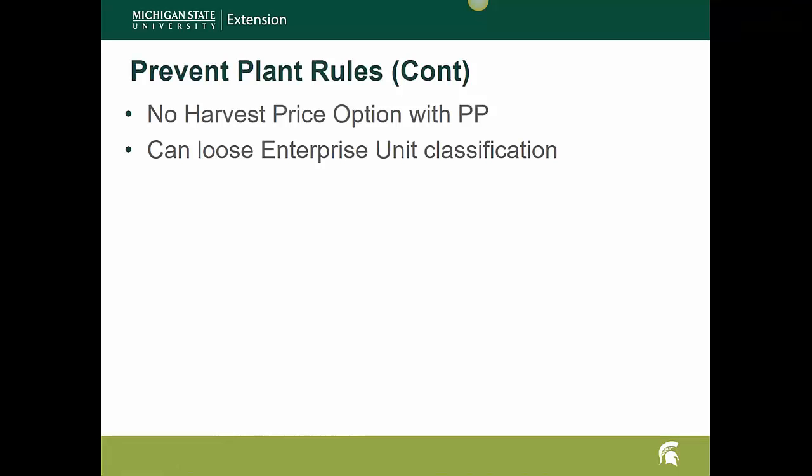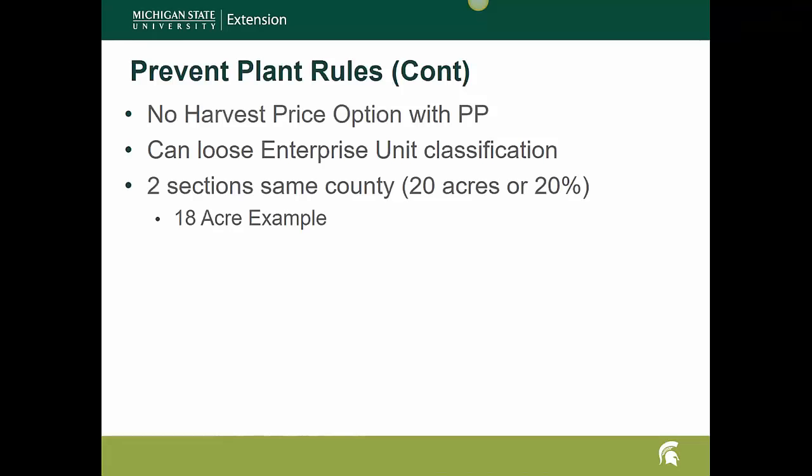Now you only have one section with corn in it versus two sections, and so now you're kicked out of the enterprise unit, which lowers the cost of insurance. So two sections, same county, and so forth, the 20% and 18 acre examples, what I just went through. You must be planted to qualify for the enterprise unit. It's not just based on what you intend to plant.